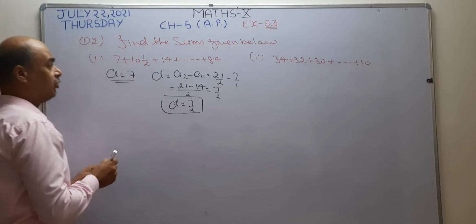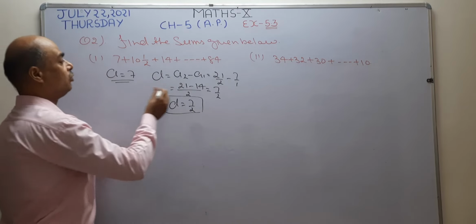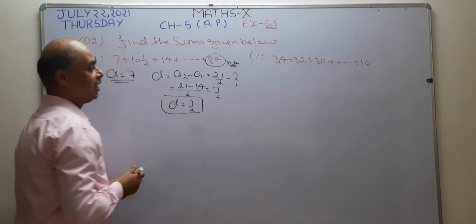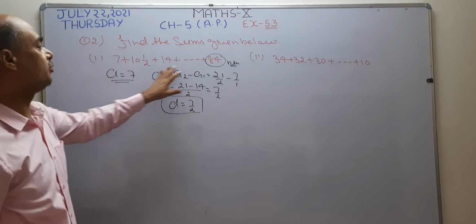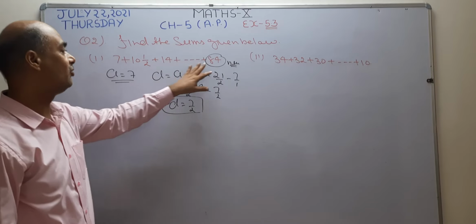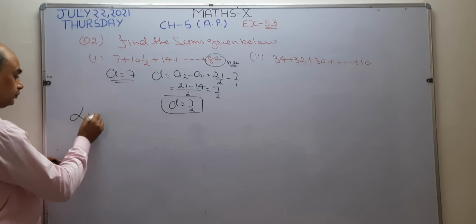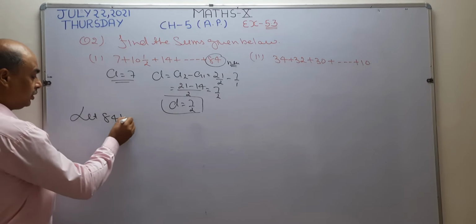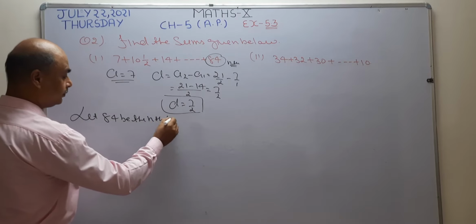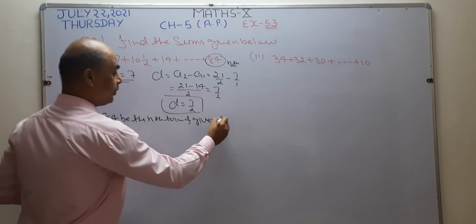Now how do we check how many terms are there? To check how many terms are there, I suppose that this last term is the nth term. I suppose first this is the nth term of the given AP. Okay? So I write here, let 84 be the nth term of the given AP.